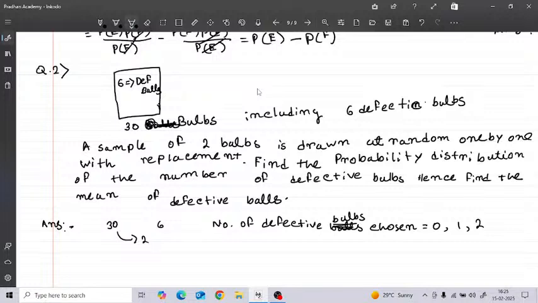So there are 3 possibilities. So let's make the probability distribution function.